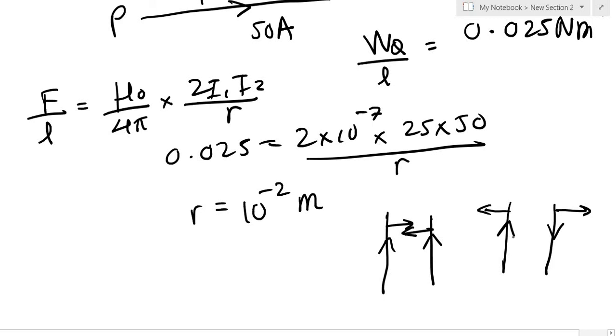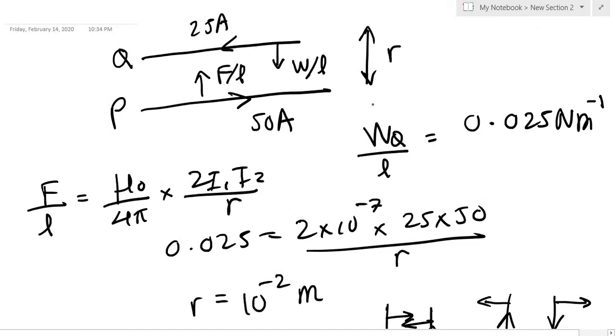This reminds us about our electrostatics. So unlike charge is attracted and like charge is repelled. So it's quite similar to that. So that's why in this example that we did, the direction of current in the two wires was in the opposite direction. That's why there was a repulsive force between them.